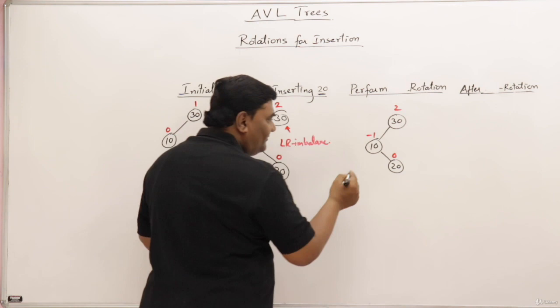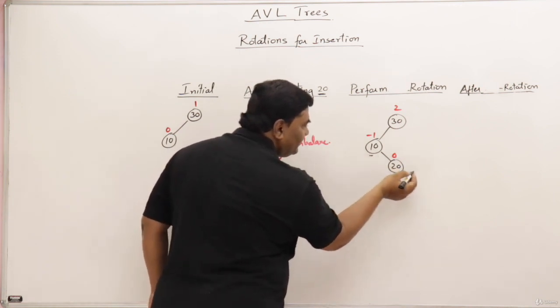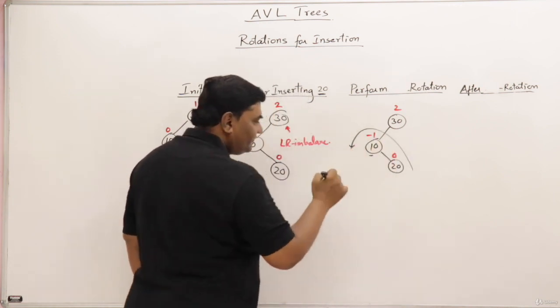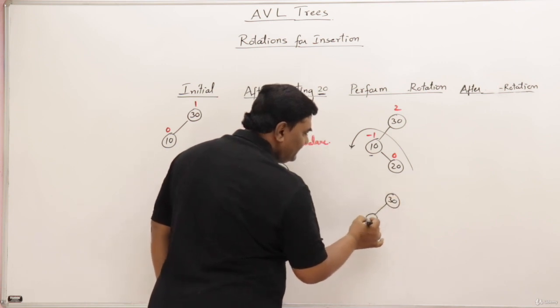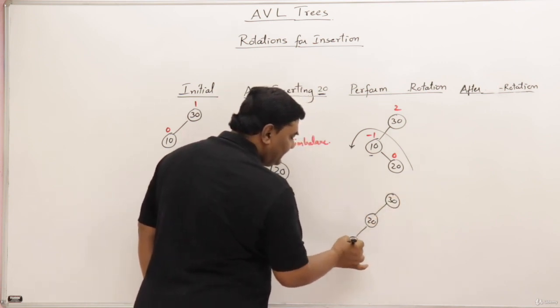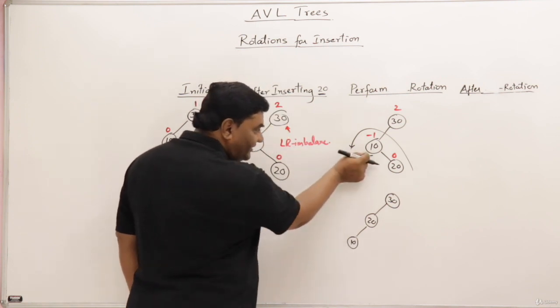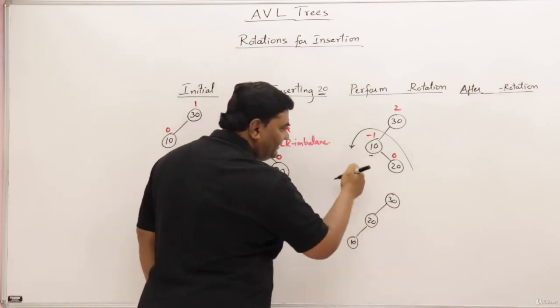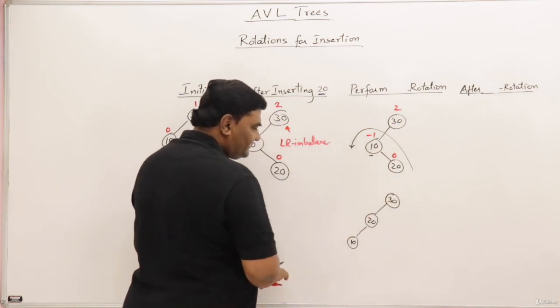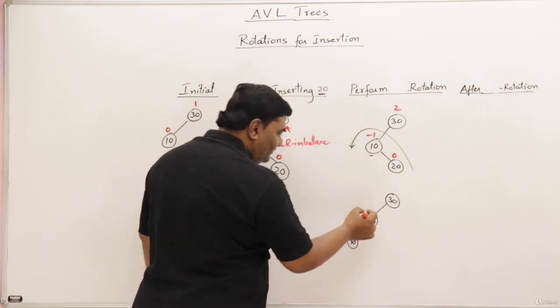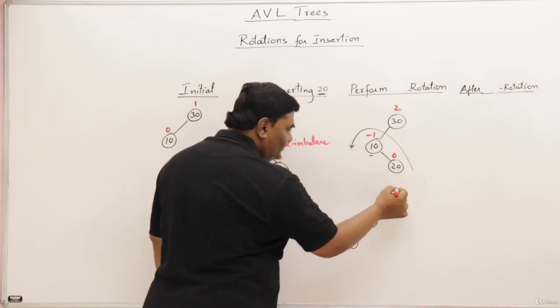First we'll perform rotation around this node like this. What will be the result? 30, 20 and 10, right? Holding a finger here, pull 10. 10 comes this side, 20 moves up. So this is how the tree looks. The balance factors are 0, 1 and 2.